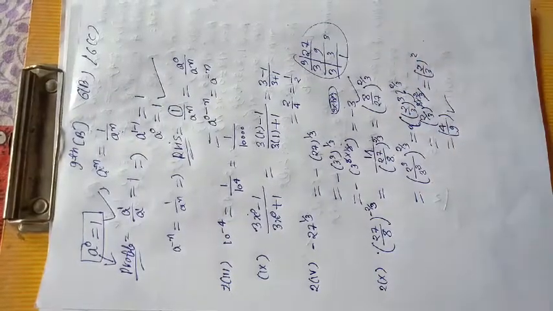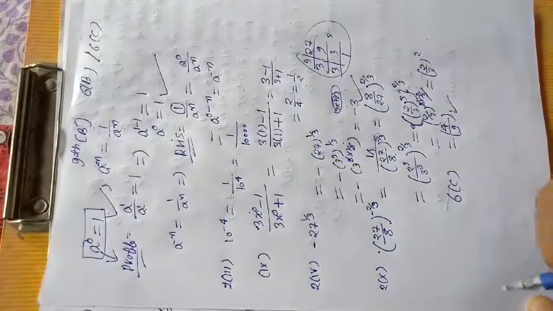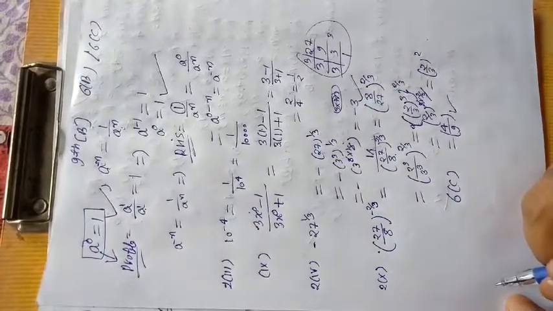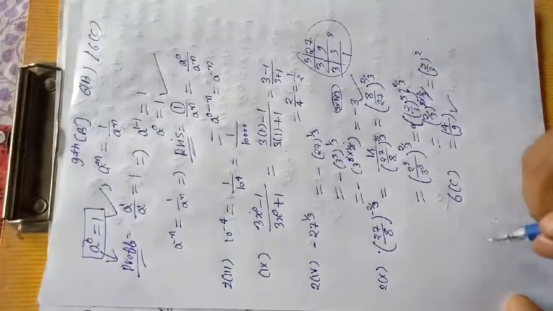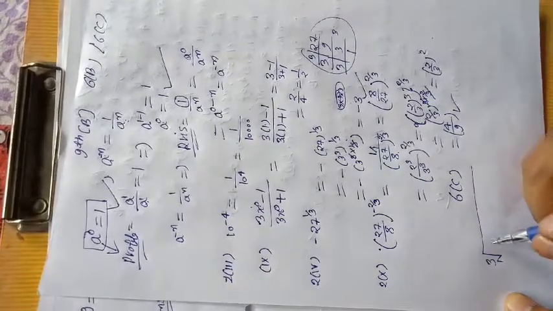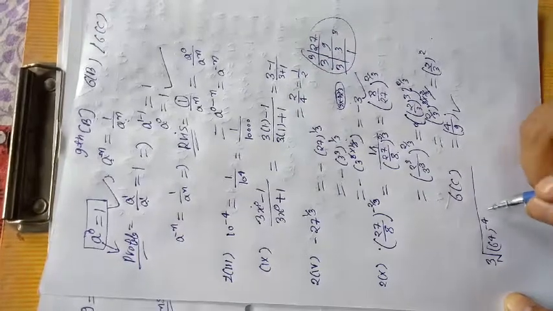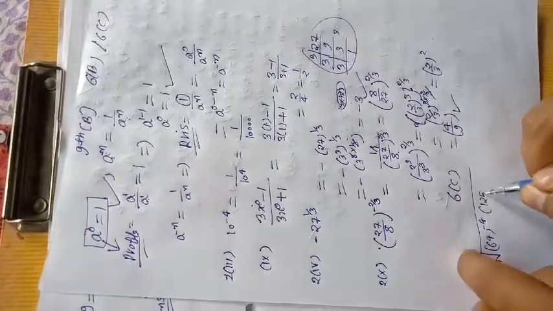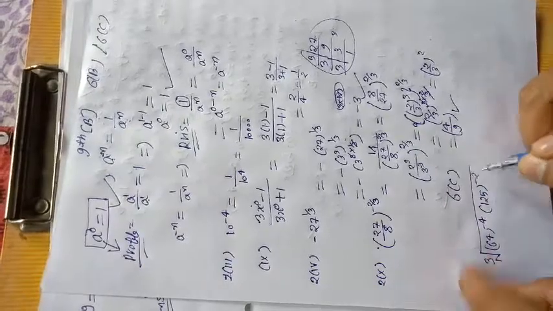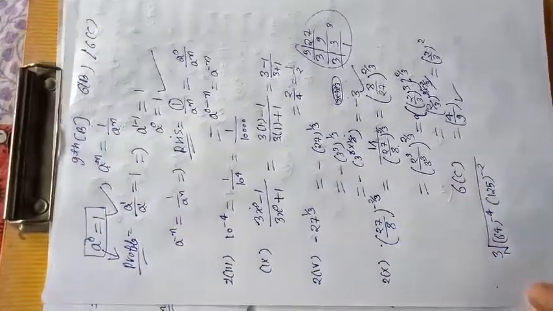Okay, now next, exercise 6C, question number 2. Find the value of the cube root of 64 to the power minus 4 into 125 to the power minus 2. Now we have to solve according to the situation.